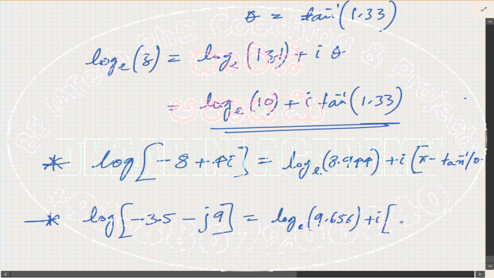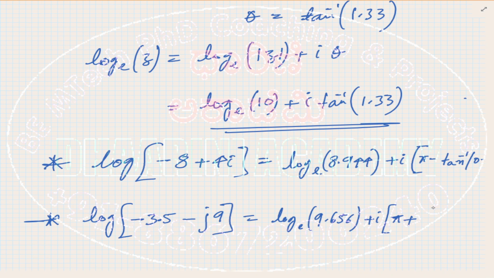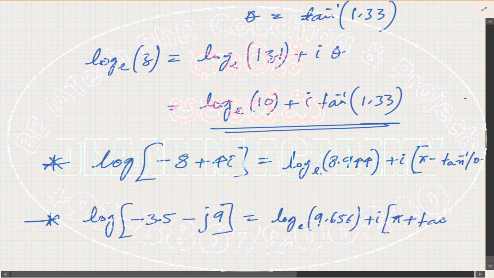Both are negative, right? Minus 9 and minus 3.5. So this means it is in the third quadrant, so pi plus tan inverse. The angle is 2.571. Yes.